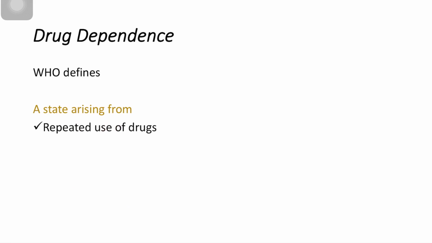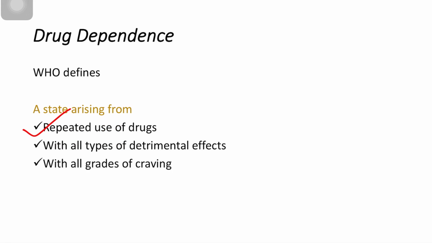Another terminology is drug dependence. We'll talk about this in detail in CNS, but let's talk briefly about what drug dependence is. WHO has defined drug dependence: as the name suggests, a person gets dependent on a drug, and needs to take the drug on a regular basis or for a longer period of time. This state arises due to repeated use of the drug, with all types of detrimental effects and all grades of craving.